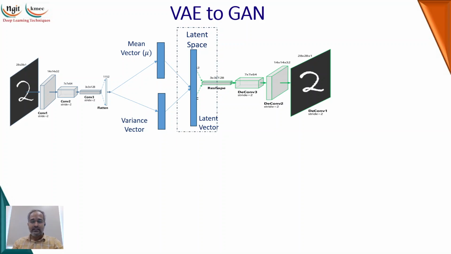Now in between the autoencoder and the GAN, there is another concept that is called variational autoencoder. As we have seen, an autoencoder has, in the middle, some representation vector. That representation vector is also called the latent space, and that latent space can be generated with two vectors. One is the mean vector from the image, another is the variance vector.